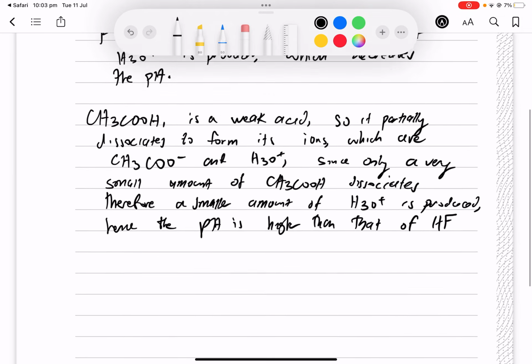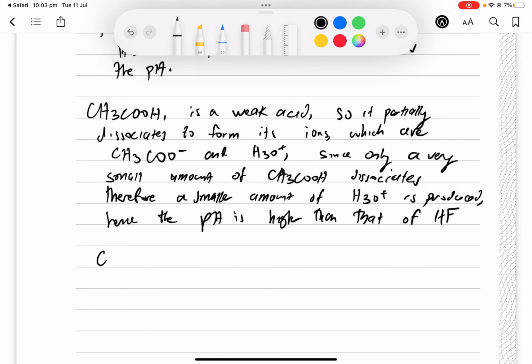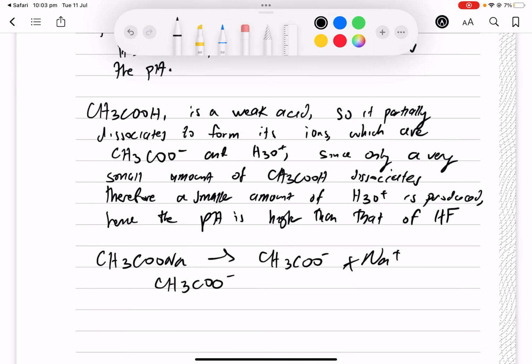For the last one, as basic salt, we have CH3COONa. That's going to produce CH3COO minus and Na plus ions. And CH3COO minus in this case is going to react with water, producing CH3COOH and OH minus.